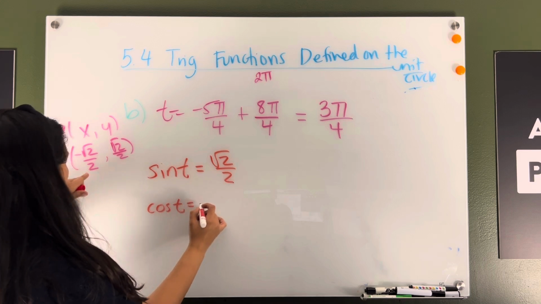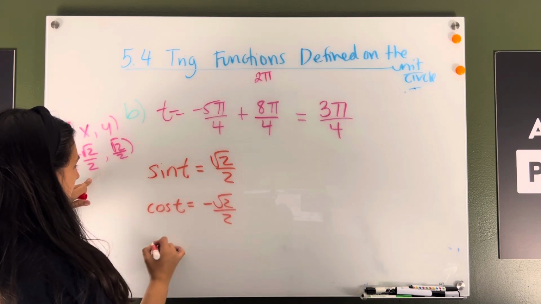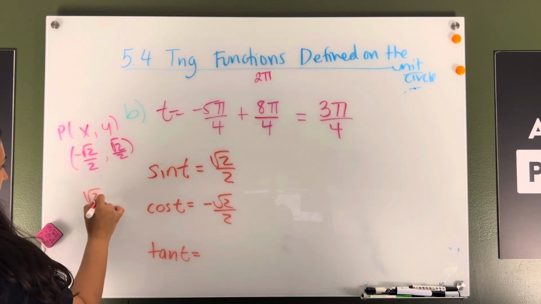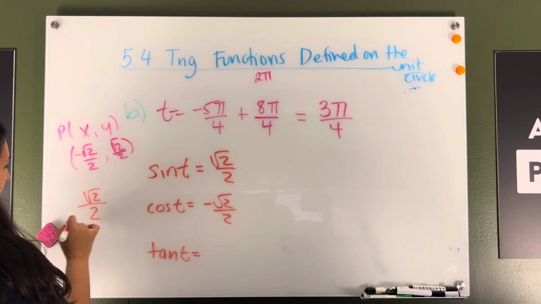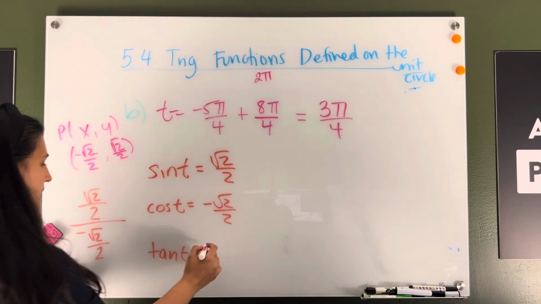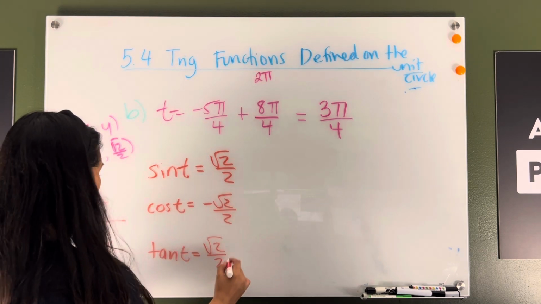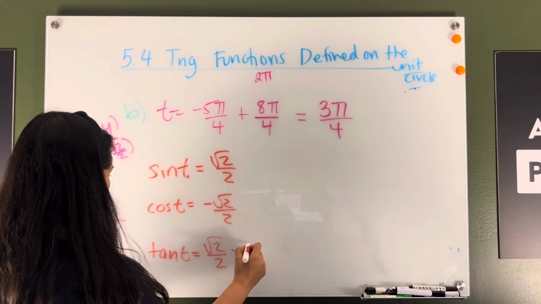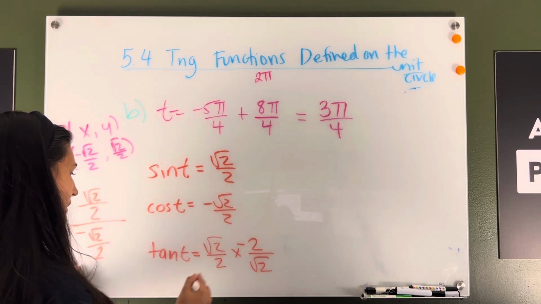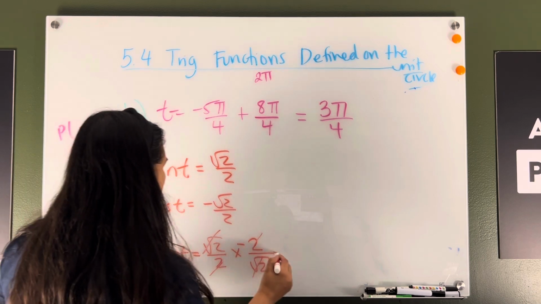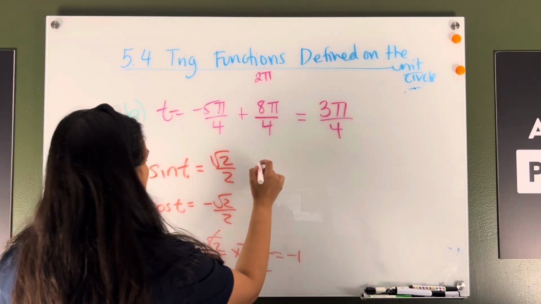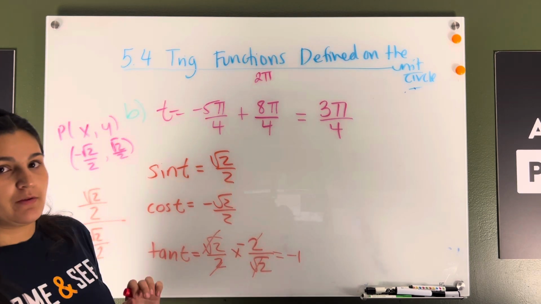Cosine is just the x value. Tangent is sine over cosine. So sine over cosine, y divided by x. That would be keep, change, flip. Don't forget the negative. Okay, so this all cancels and you're just left with -1. Those are the main 3.